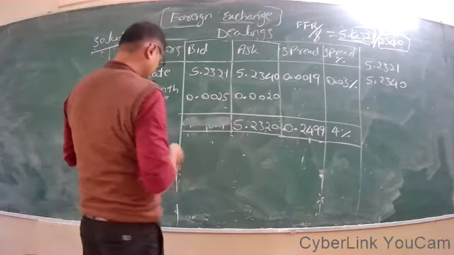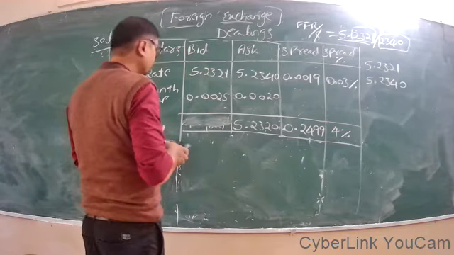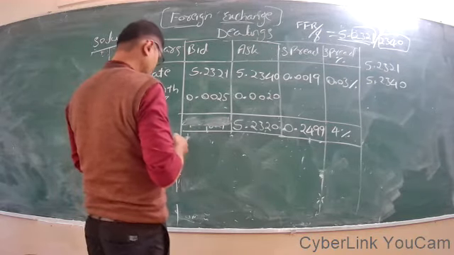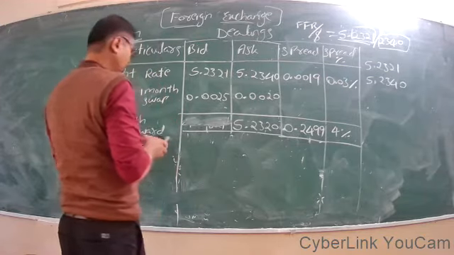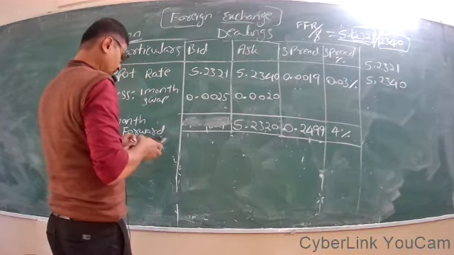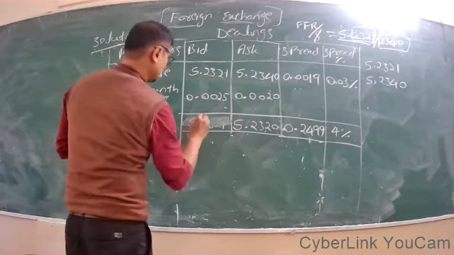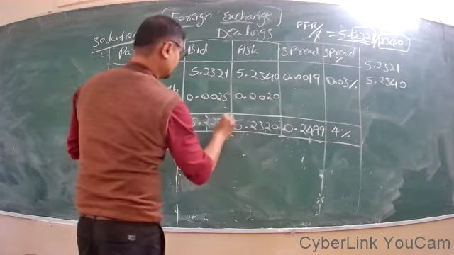Maybe the calculation went wrong. 5.2321 minus 0.0025 comes to 5.2296.